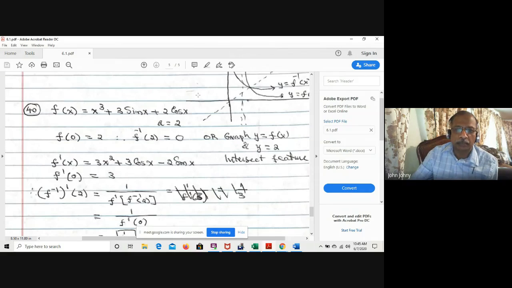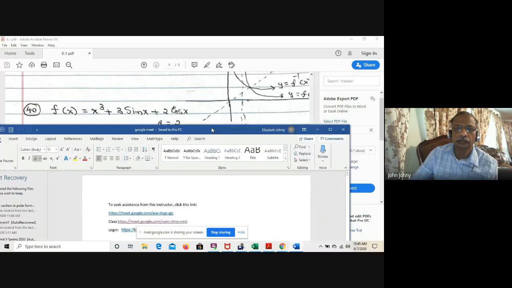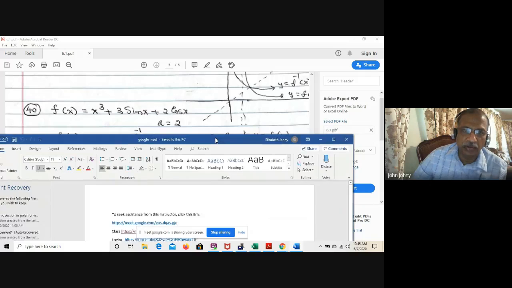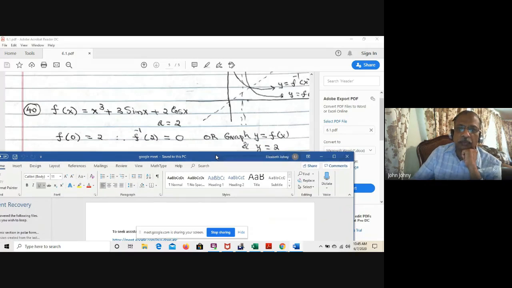Now, question number 40. You are asked to find f inverse prime of 2. A is 2. And first you have to find f inverse of 2, by inspection. There is no direct method available here.